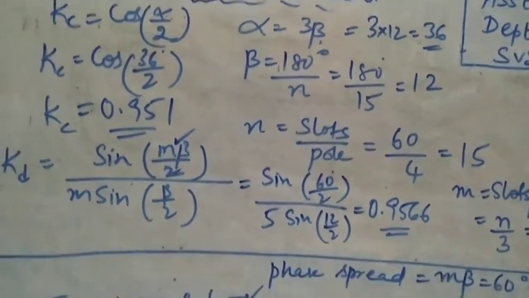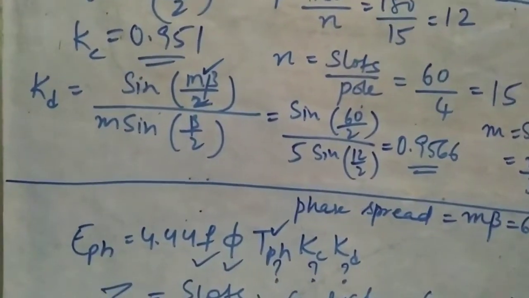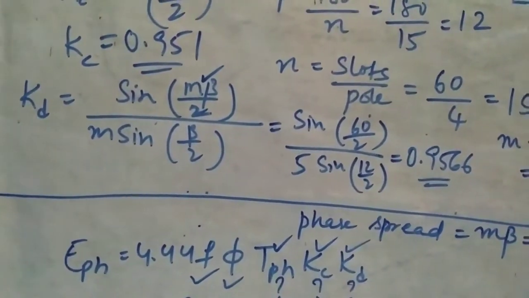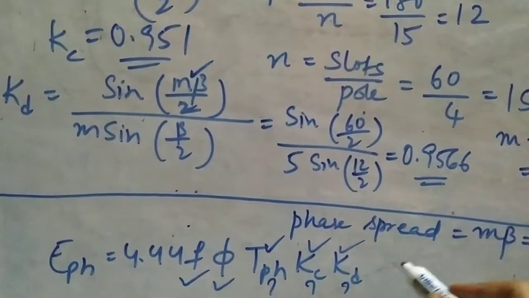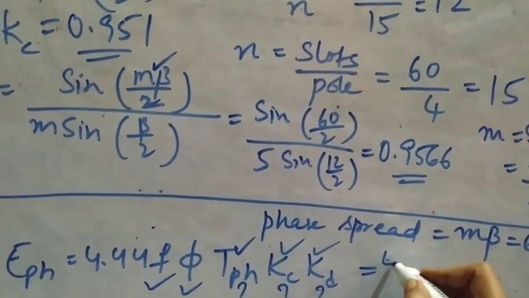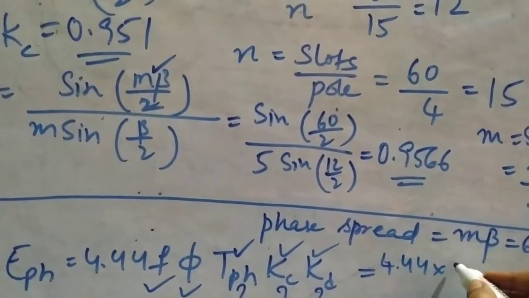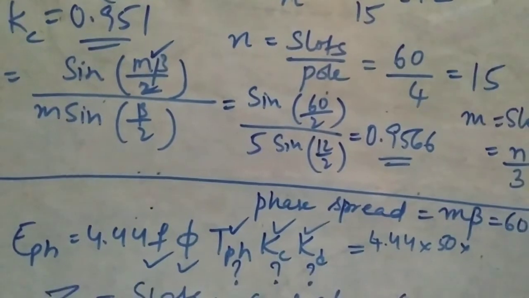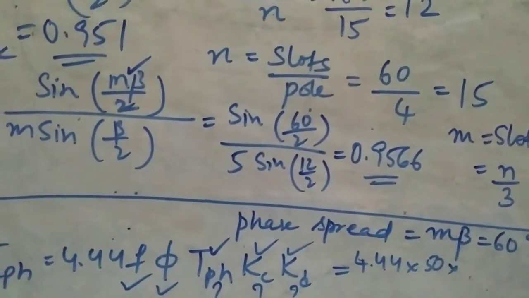Now let us go back to the EMF equation. What all the unknowns were there? We have obtained all of these. Now substitute the corresponding values here. So what was that? 4.44. Frequency, it was given 50. And the flux. So what is that flux?